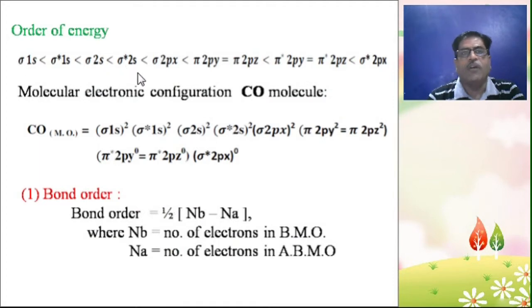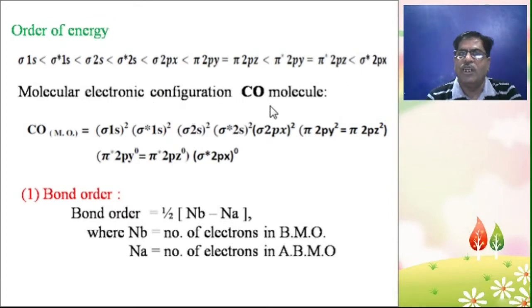The order of energy: sigma 1s is less than sigma star 1s, is less than sigma 2s, is less than sigma star 2s, is less than sigma 2px, is less than pi 2py equal to pi 2pz, is less than pi star 2py equal to pi star 2pz, is less than sigma star 2px.